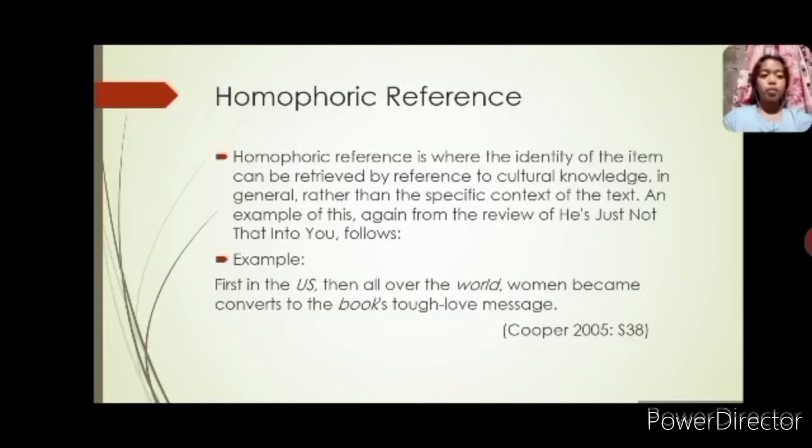First in the US, then all over the world, women became converts to the book's tough love message. The homophoric reference in this example is the US. We all know which US is being referred to, which world is being referred to, and what book is being referred to.